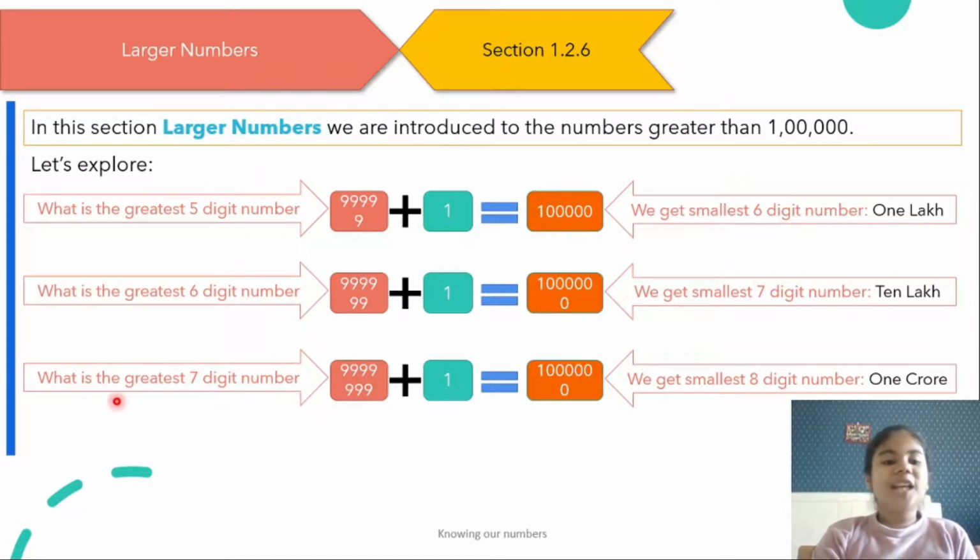What is the largest 7-digit number? It is 99,99,999. Whoa, that's a lot of 9s. Plus 1 equals 1 crore, which is the smallest 8-digit number. And if we keep on adding, the greatest 8-digit number plus 1 will be the smallest 9-digit number. So like that the counting goes on and on.